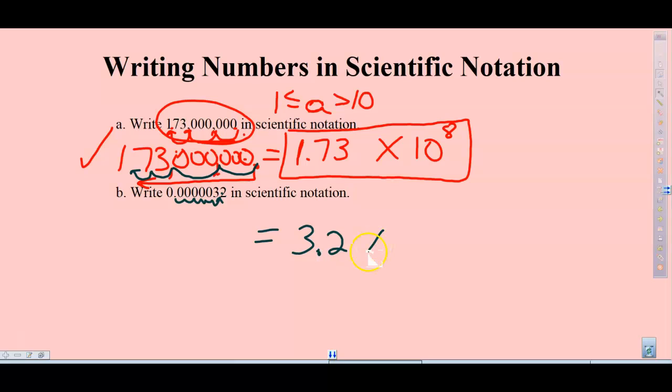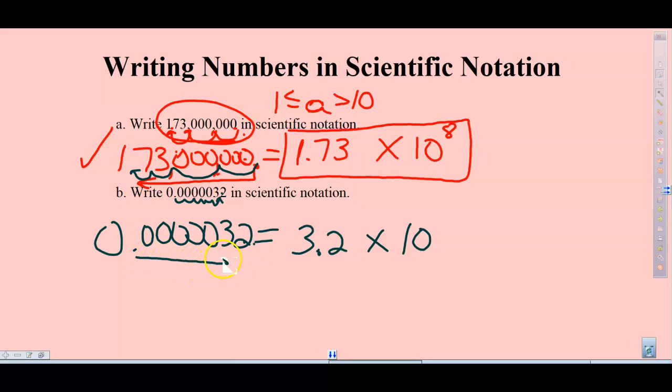And we're going to end up representing 32 ten-millionths as a product of 3.2 times a power of 10. Now, what is that power of 10? Again, we want these values to be equal to each other when done. So let's count how many spaces we moved our decimal: 1, 2, 3, 4, 5, 6.